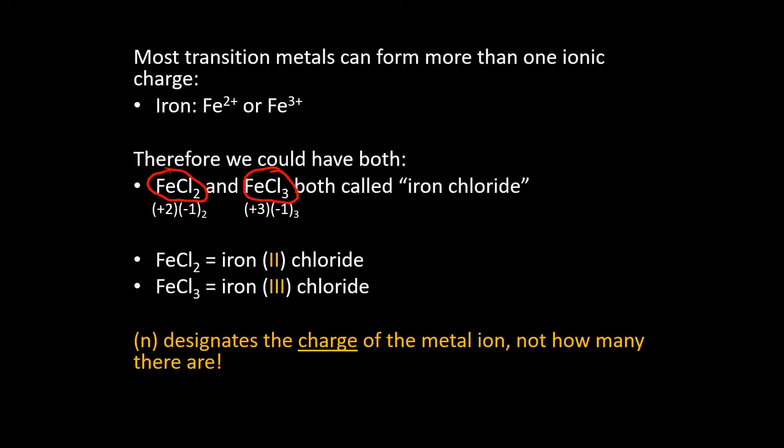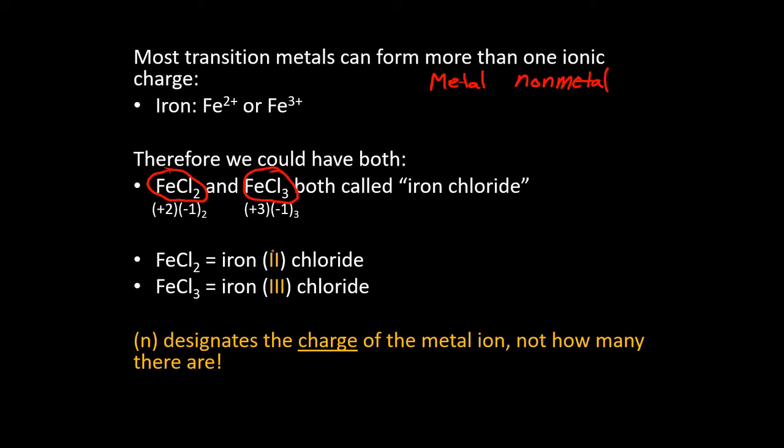one we have. So anytime we have an ionic compound, and again, ionic compounds are when we have a metal and a nonmetal, and in this case our metal is from the transition metals, where it's possible for them to have more than one charge, we are going to have to specify the charge on that metal.